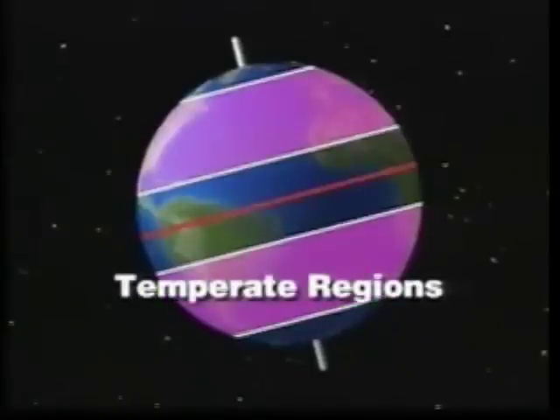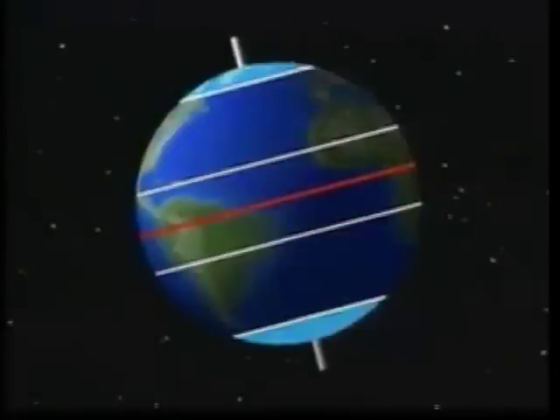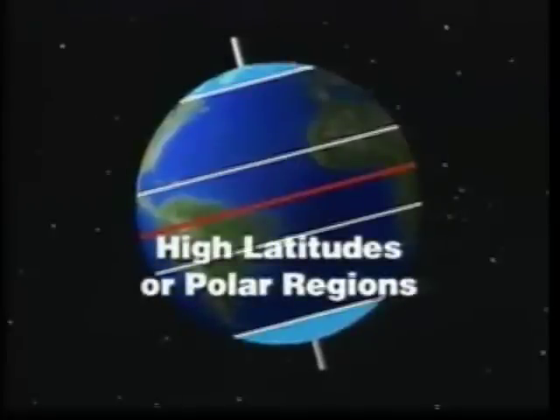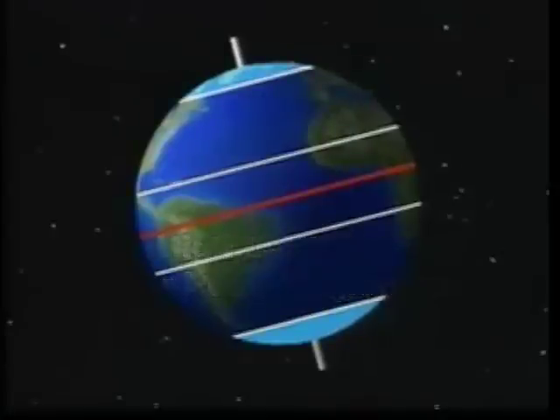The middle latitudes are also known as the temperate regions. North of the Arctic Circle and south of the Antarctic Circle are the high latitudes, or polar regions. These areas receive the least amount of sunlight, so places here are very cold. In fact, for half the year, these areas get no sunlight at all.